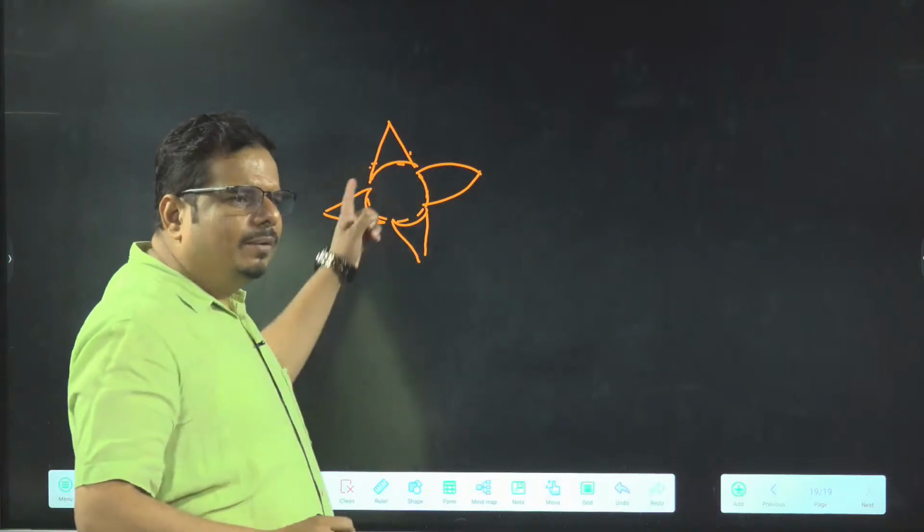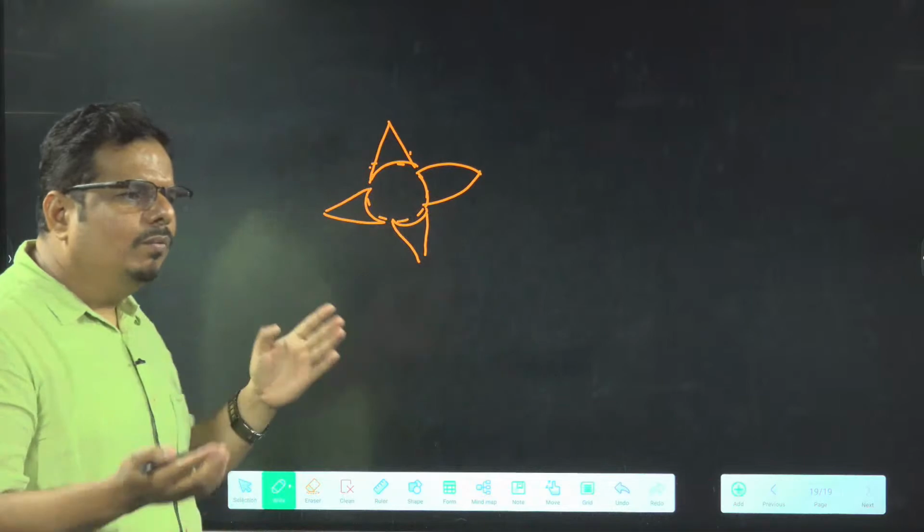So the margins you are finding, the margin of one floral leaf is not overlapping another floral leaf. Here it is free.